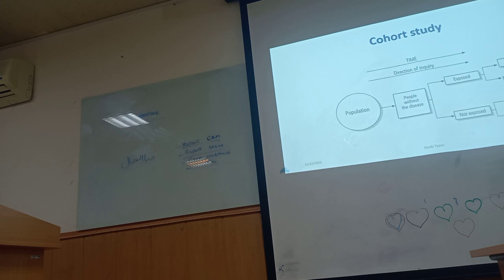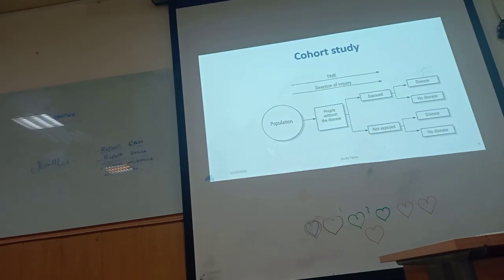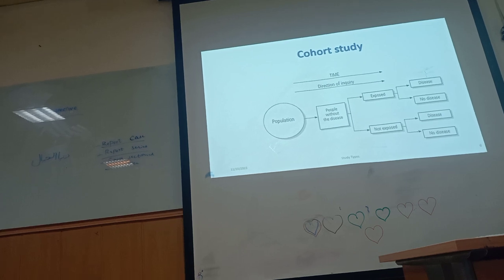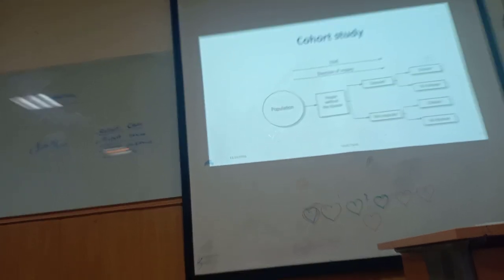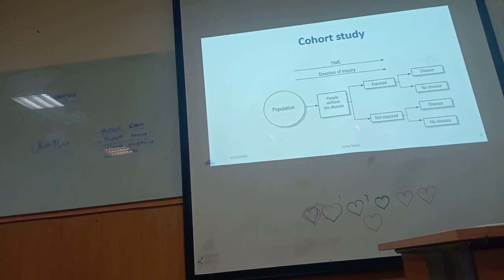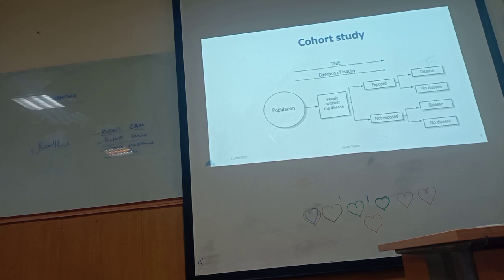So, if you see in the design of cohort study, we have a population, and now all population are disease-free. So we follow the people without the disease. First of all, we classify them as exposed and not exposed, and then follow for a while to see if disease is developed or not.